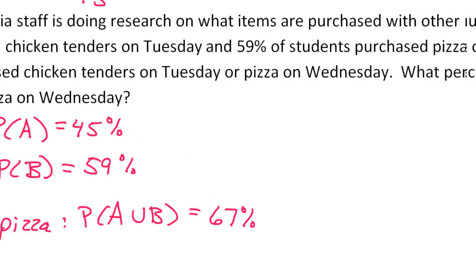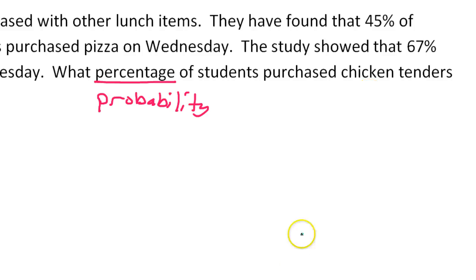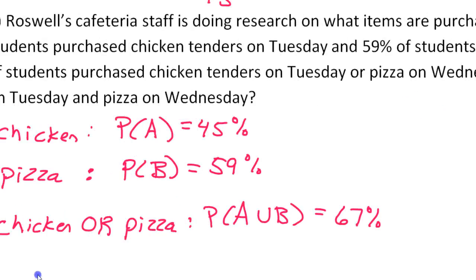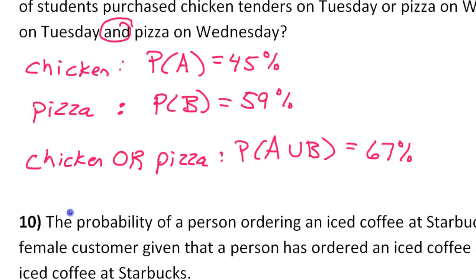what are we supposed to find? What percentage of students, and when they say percentage, that's the same thing as probability, purchase chicken tenders and pizza? So we're supposed to find chicken and pizza.